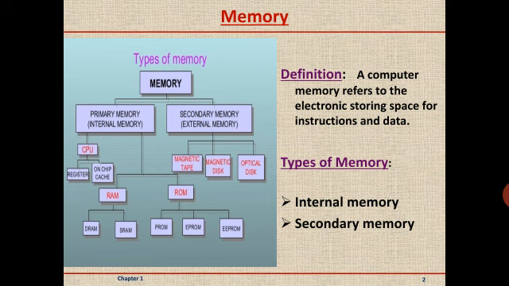The memory is classified as shown in the diagram. It is basically classified into two types. First one is internal memory and the second one is secondary memory as shown in the diagram.